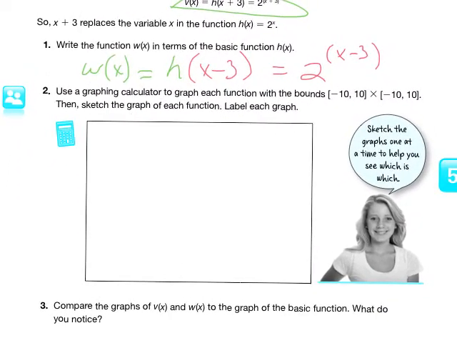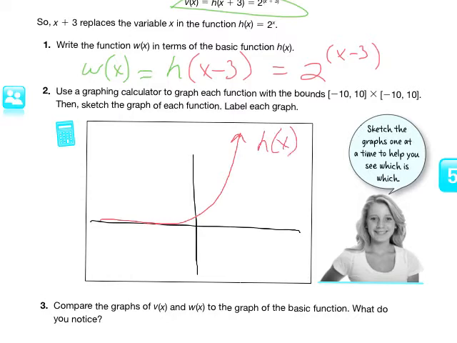If you were to graph this, go ahead and copy this from your Desmos or graphing calculator. I'm going to use different colors. For my basic one, I will use red, h of x, which is 2 to the x power.